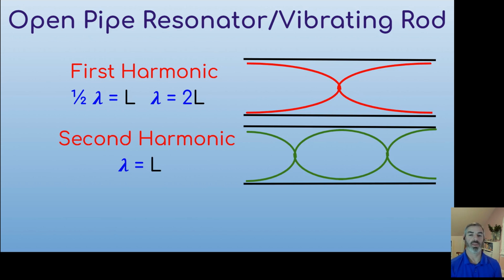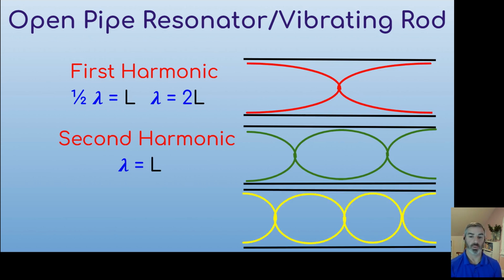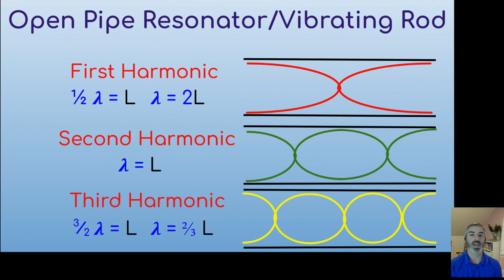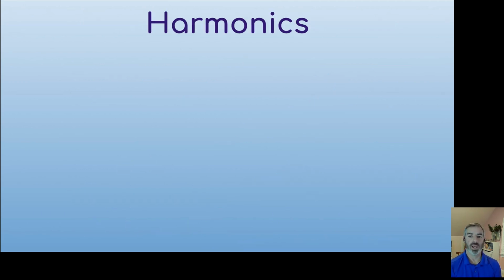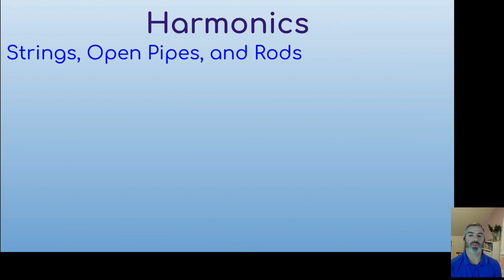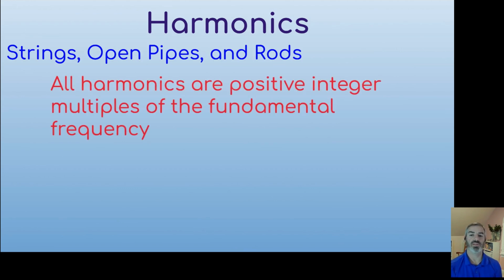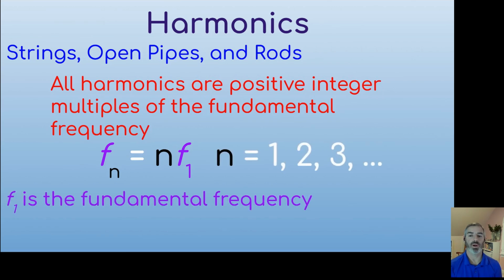And then we look at our third harmonic, 3/2 the wavelength equals the length, or wavelength equals 2/3 the length. And the harmonics are going to be the same. So strings, open pipes, and rods, all harmonics are positive integer multiples of the fundamental frequency. So we can use this equation. Fn is equal to nF1, F1 being the fundamental frequency and n being the number of the harmonic.